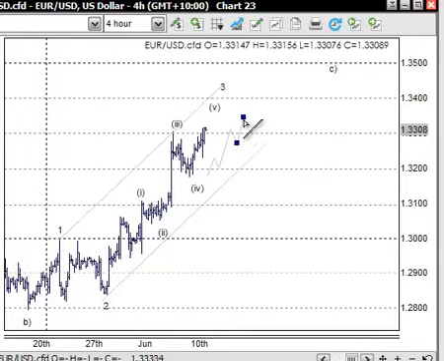Once we've got the first high above the level, then we're looking for an A and a B and a C wave through here. Wave 4s normally break the trend channel through here, so expect that to be broken. Once that's done, then we'll be looking for the other little 5 waves to go up through here.